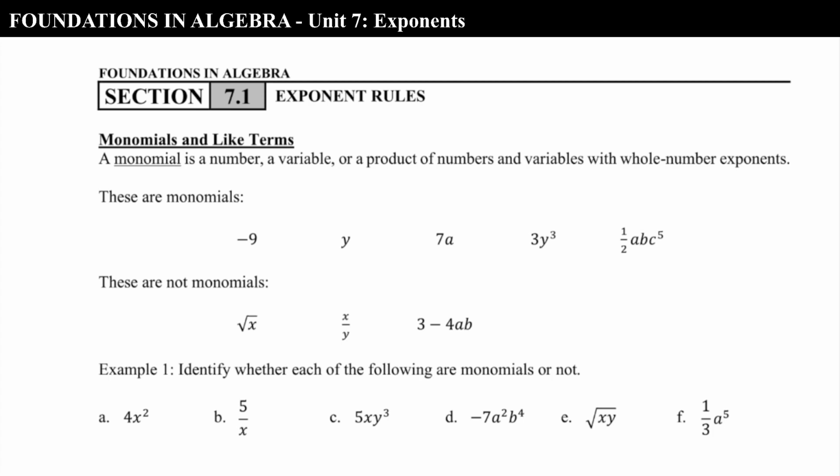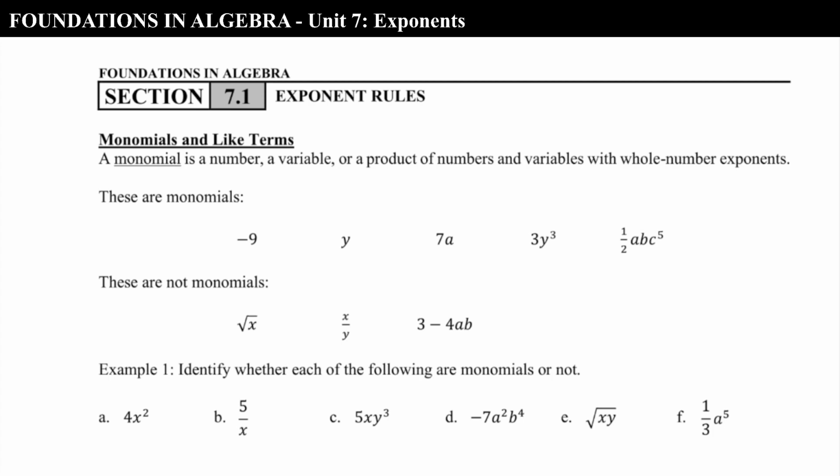The operations of adding and subtracting will string monomials together. Monomials are separated by addition or subtraction signs, and those monomials will be your terms, but you can't have more than one term and it be a monomial.